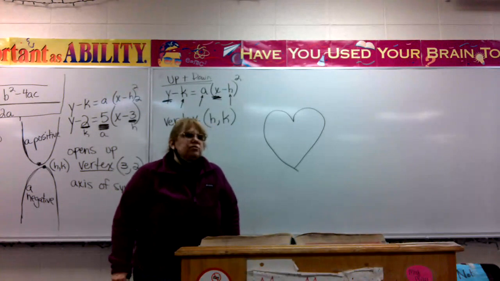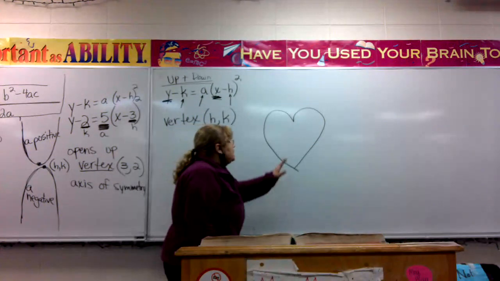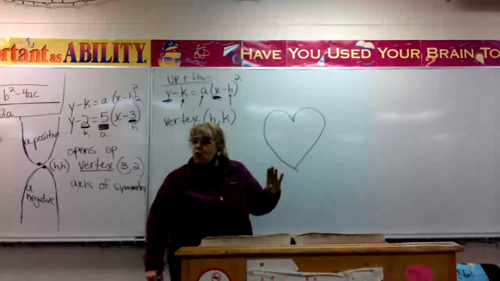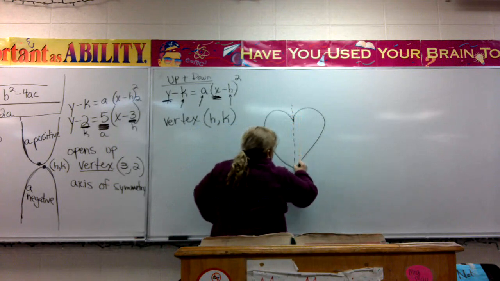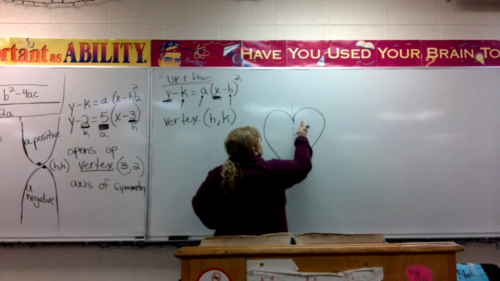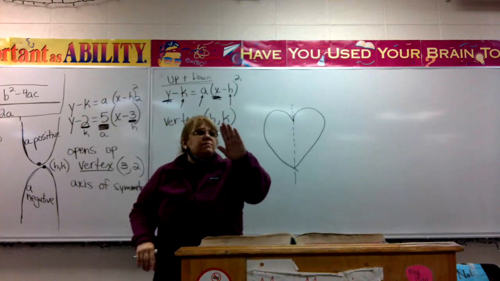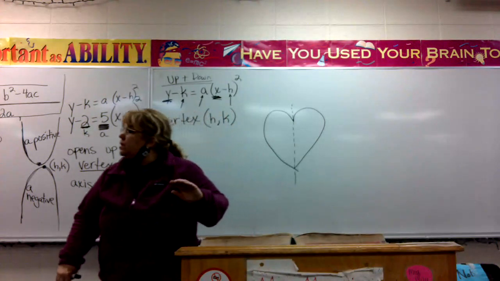In the center. How do you know that? If you flip one side. Yes. If you think of the line of symmetry as folding it, if you put the line of symmetry right down the middle, you should be able to fold one half right on top of the other. Symmetry means it's kind of the same on both sides, right?